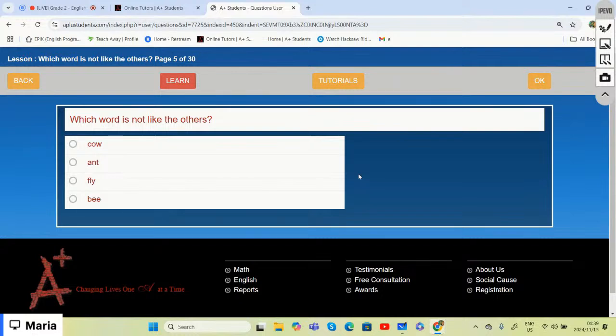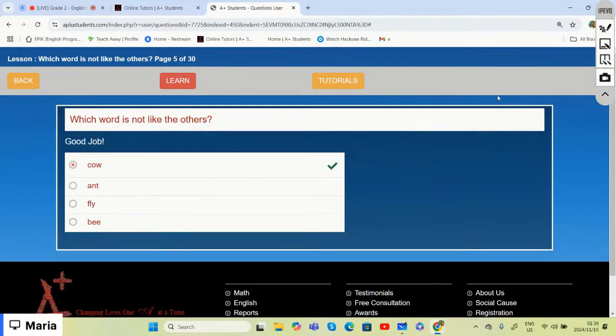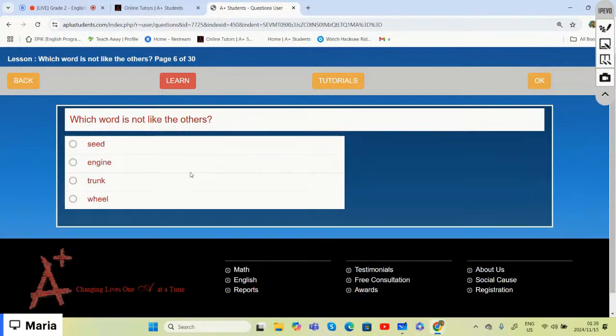Cow, ant, fly, bee. And if we were to choose a word that is not like the others, we can say it's a cow. All right.